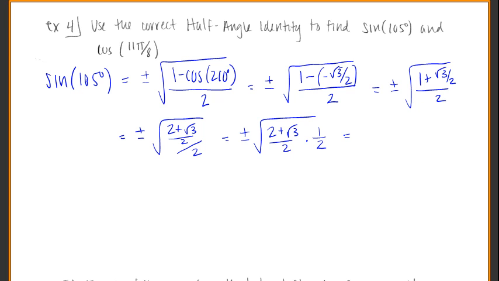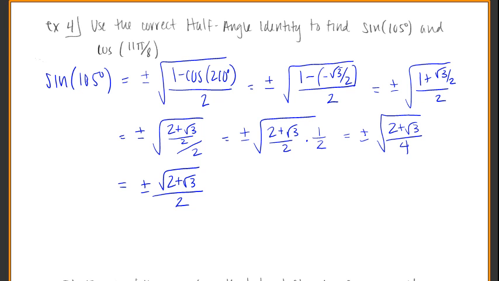So why don't we in this case write it as plus or minus the square root of 2 plus the square root of 3 over 4, since 2 times 2 is 4. And how we're actually going to clean it up, we're just going to leave it like this, as plus or minus the square root of 2 plus the square root of 3, and then all over 2. So I can take the square root of 4 and we can write it as 2.